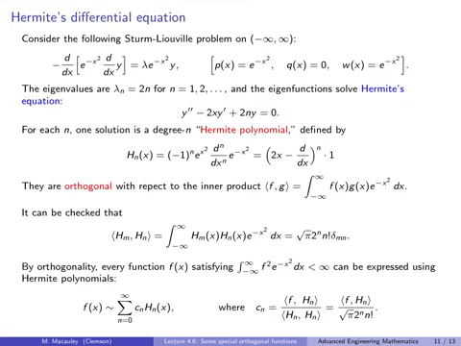And we have a formula for the Cn's as before. So Cn is just the inner product of f with Hn over the norm of Hn squared. And since we have a formula for that, it's just the inner product of f with Hn divided by square root of pi times 2^n times n factorial.